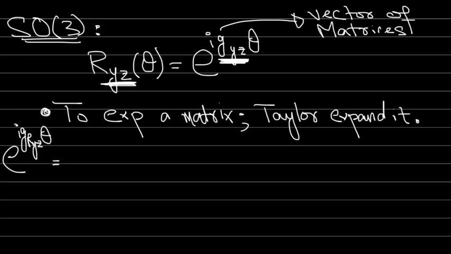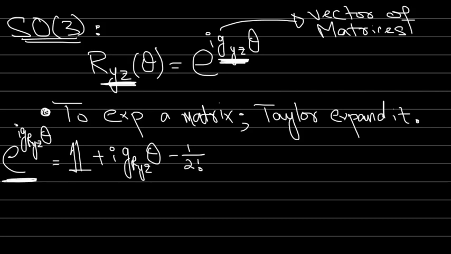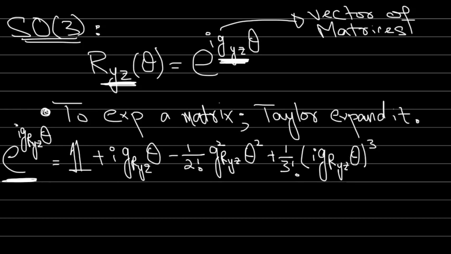If we Taylor expand this exponential, we have identity plus iota g_ryz times theta minus 1 over 2 factorial g_ryz squared times theta squared plus 1 over 3 factorial times iota g_ryz times theta cube plus, well, so on, right?